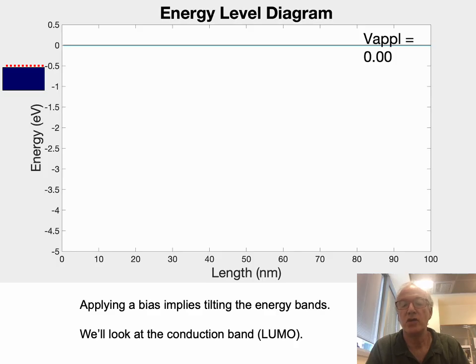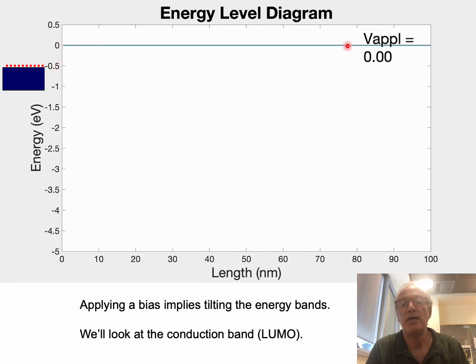So we'll visually build the picture of energy bands and the image potential, and we'll start with a standard 100 nanometer thick device. We have here the contact. This is the conduction band. So there is a 0.5 eV injection barrier.